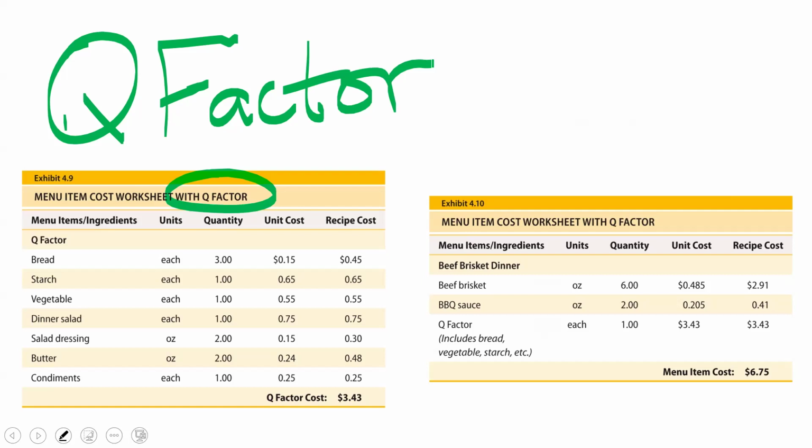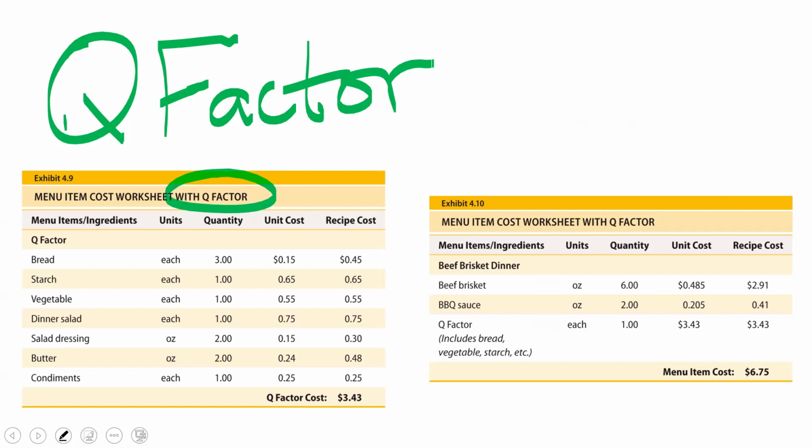The cost of those chips and salsa, let's say it costs you $1. Just add $1 to all your menu items. Or like if you think a table of 4, add 25 cents to every menu item. And then that way, as people are ordering them, it'll cover the cost of the chips and salsa. That way they think it's free, but it's built in somewhere else.